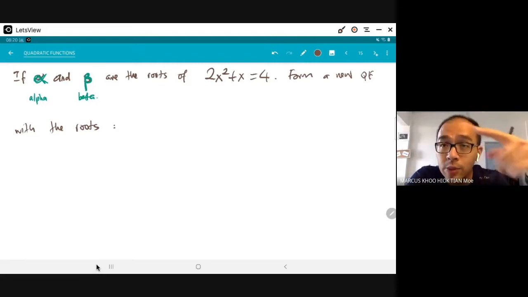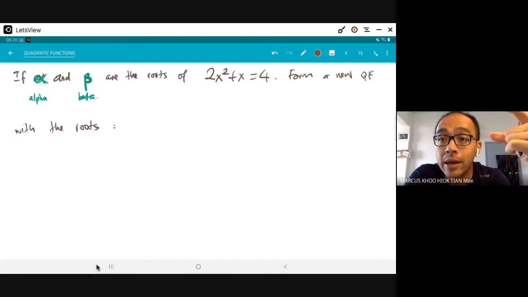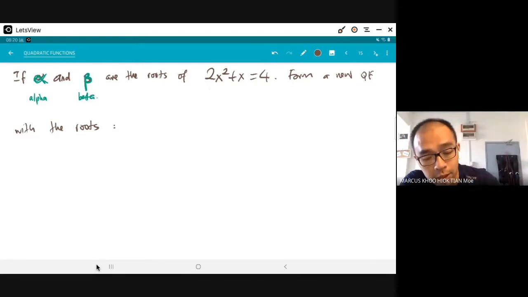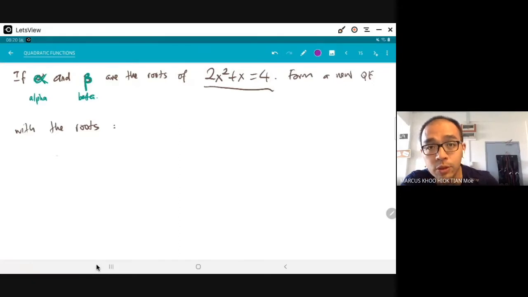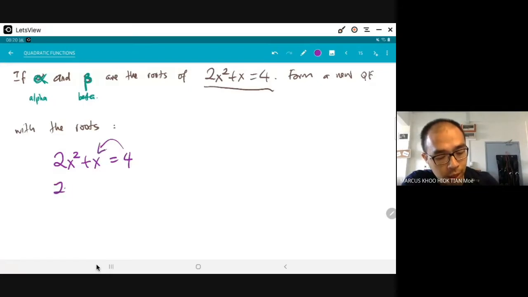So the first thing we need to do is identify the original SOR and POR, the original sum of roots and the product of roots. That first. So if we take from here, according to the textbook also, 2x squared plus x equals 4. This is not yet a quadratic equation. You bring the 4 across, so you get 2x squared plus x minus 4 equals 0.